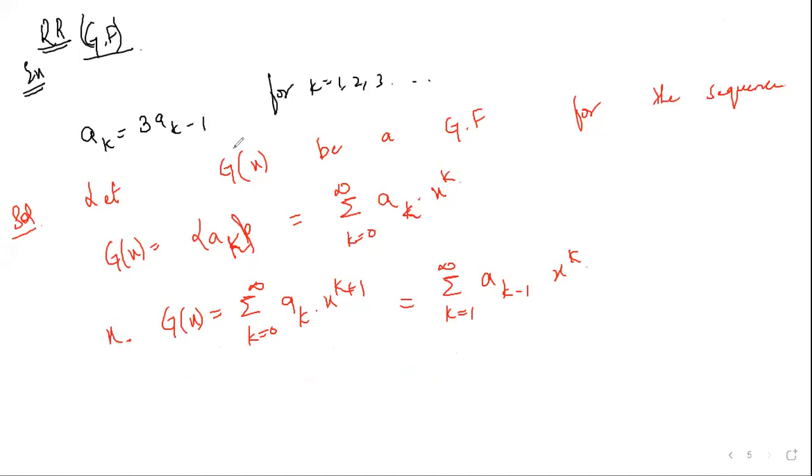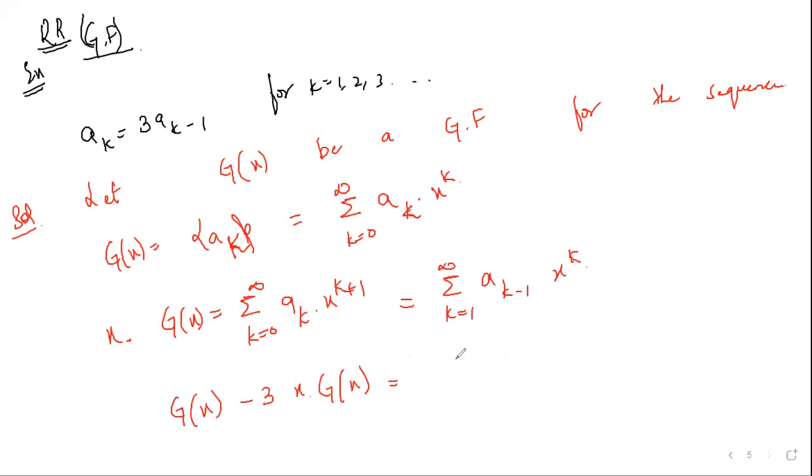So suppose we have ak is equal to 3ak minus 1. So g of x is taken as the sum of ak x power k. What will be the k minus 1 term? We have g of x minus 3 into x into g of x. So x into g of x is giving us the coefficient ak minus 1. That is the reason I took k is equal to 1 to infinity. Now what is g of x?